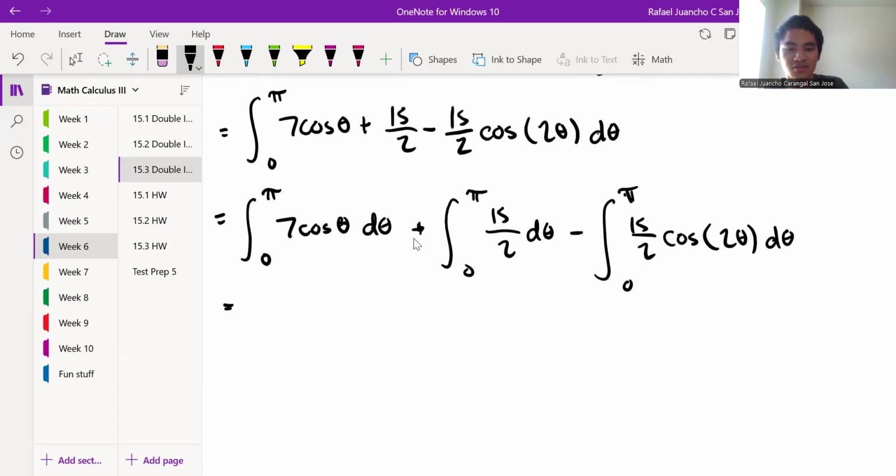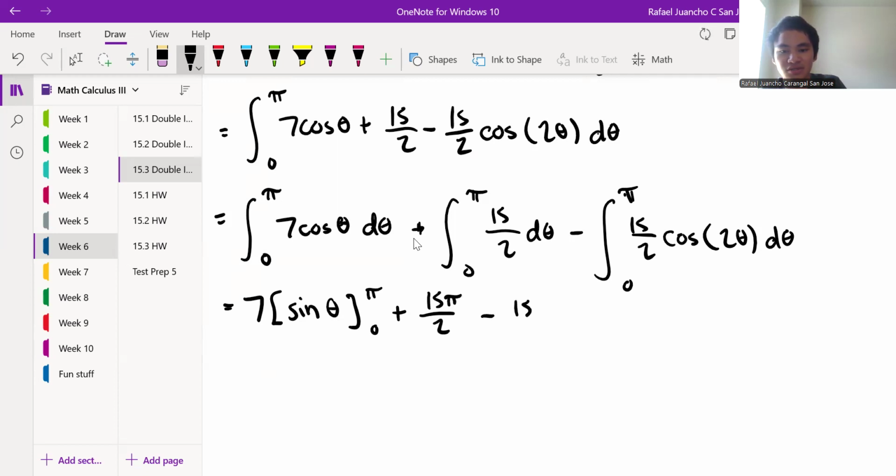So here I just get 7 sine, 7 sine theta. Or actually, I could just bring this out and then get something like this. This one, I could bring this out and just add the pi.